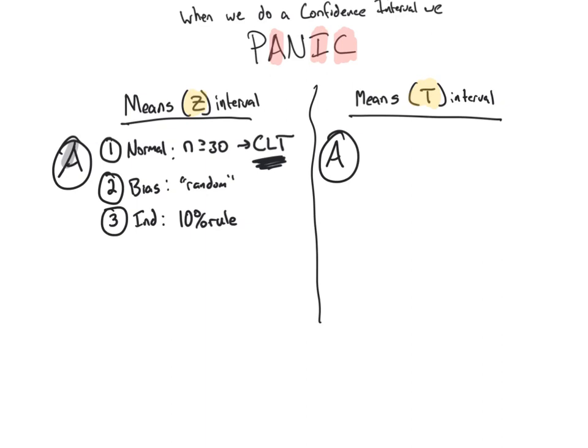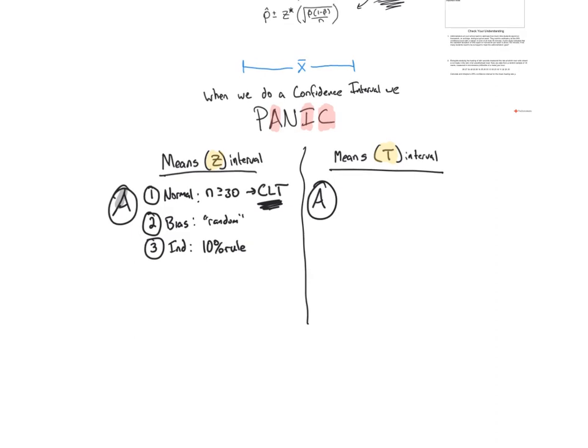The style of interval that you use is all based on what is given to you. So I'm going to put this right here. We use z if the standard deviation of the population is given. And remember, the standard deviation of the population is a Greek symbol. Anytime we use Greek symbols, we're talking about a population.